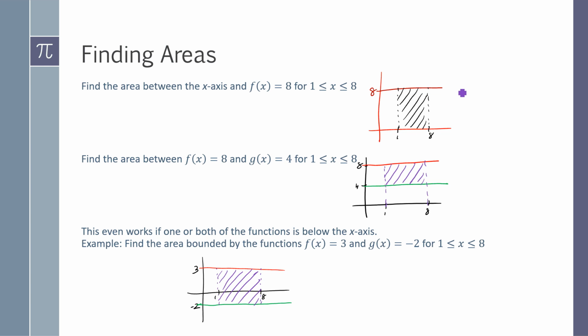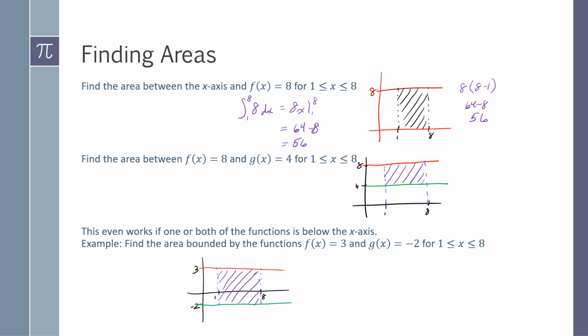Its height is 8, and its width is 8 minus 1, which gives me 64 minus 8, which is 56. But we also tied that to integrals and said, well, that's the integral because it's above the x-axis. That's the integral from 1 to 8 of my function with respect to x. So I can use antiderivatives to calculate that, and that's still 56.